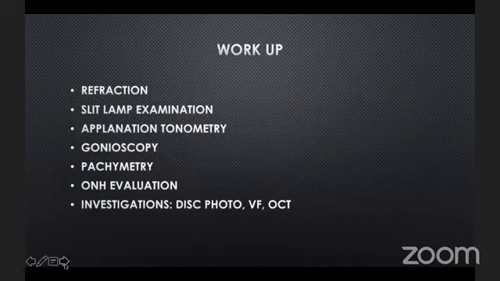Once a detailed history has been taken, the workup will start, and this workup must follow the following sequence. First is the refraction. Next comes the slit lamp examination. From optometrist point of view, one thing that you should never miss upon the slit lamp examination is shallow anterior chamber.